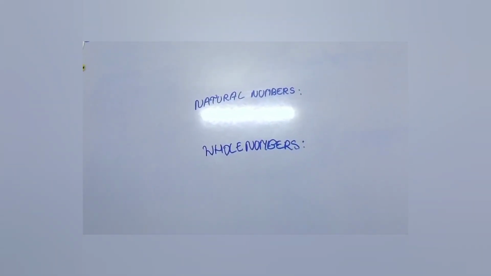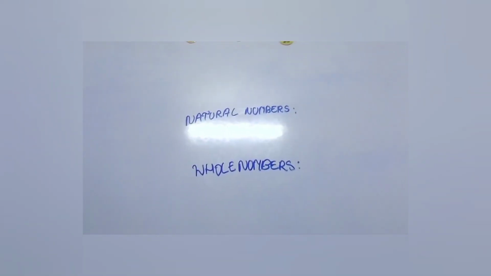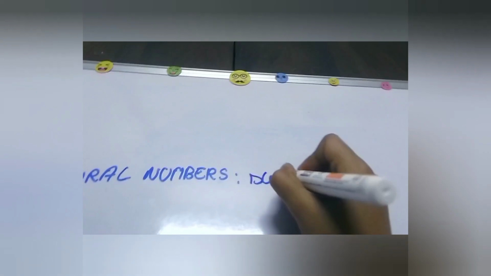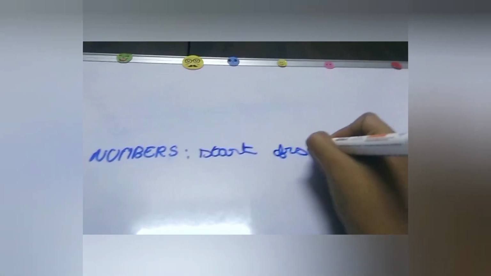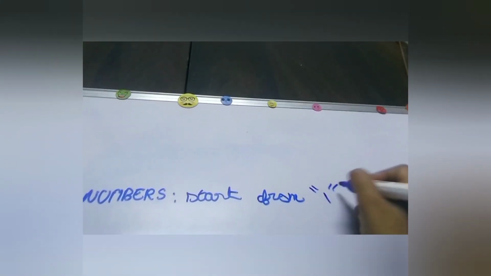So let's see whole numbers right now. This is going to be much simpler as we are already familiar with natural numbers. So we know that natural numbers start from 1. Am I right?